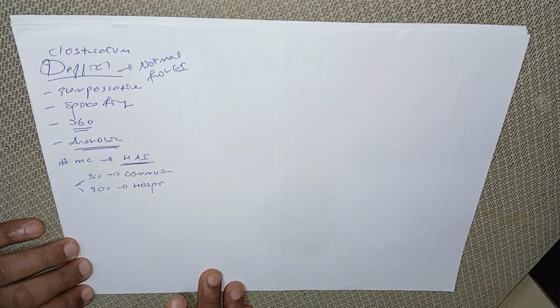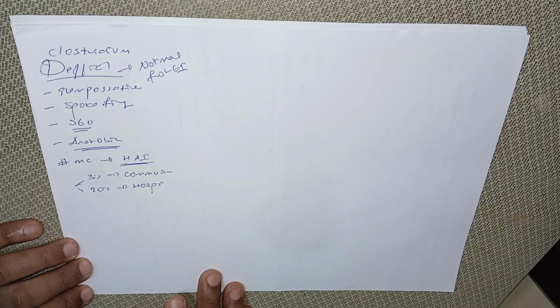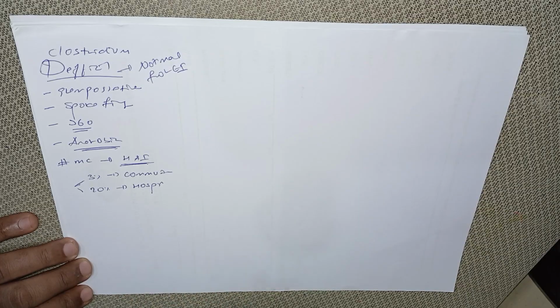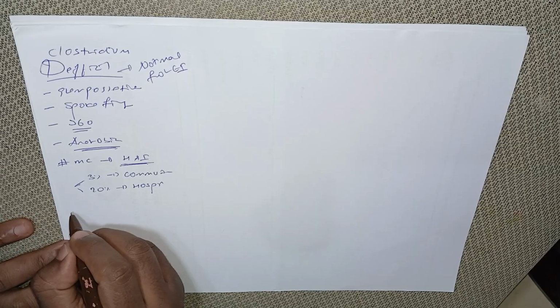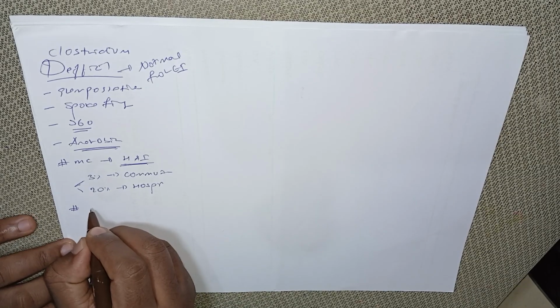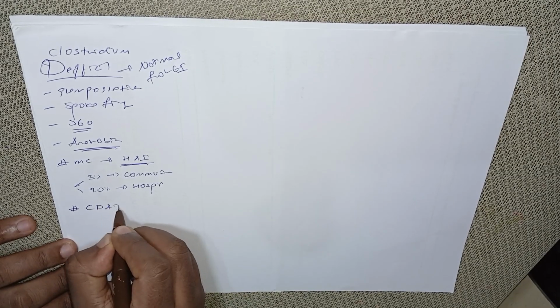For example, when a patient in hospital is taking broad spectrum antibiotics, these antibiotics kill the normal flora. This gives a chance for Clostridium difficile to replicate itself and cause harm. There is a term called Clostridium difficile associated diarrhea.